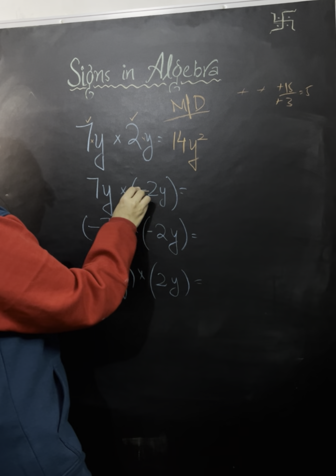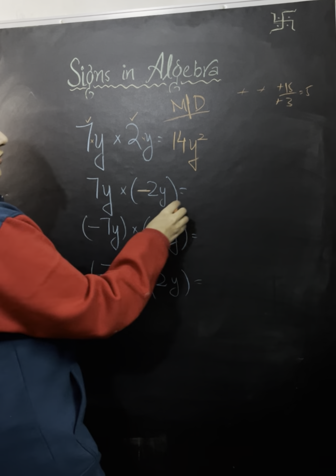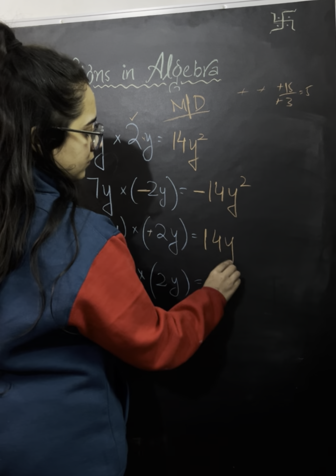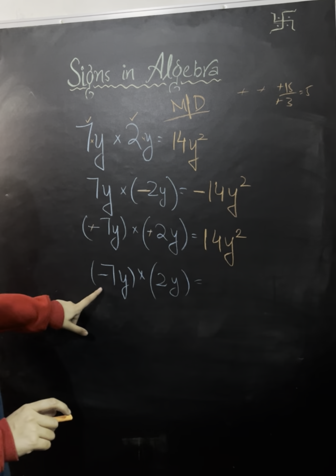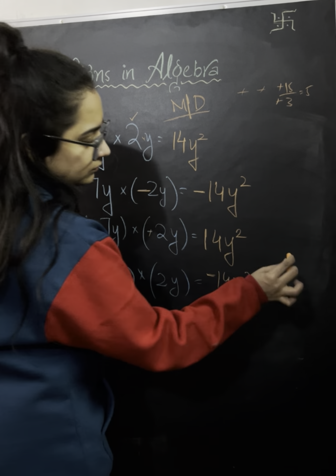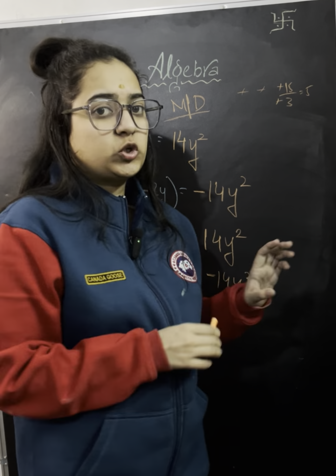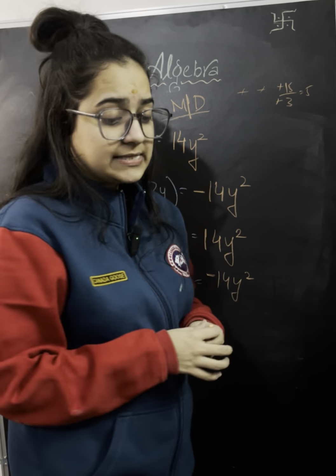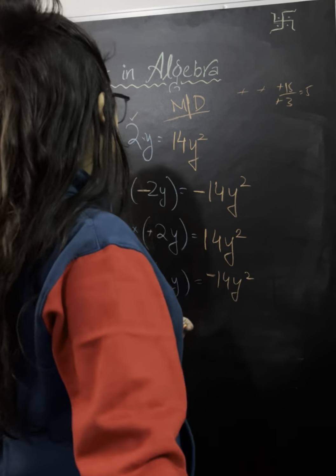Next. One negative is there. No negative here. Sorted. Next. Negative cancels out. Next, 1 negative. I hope this whole thing is making sense, and if not, do comment your queries in the comment box.